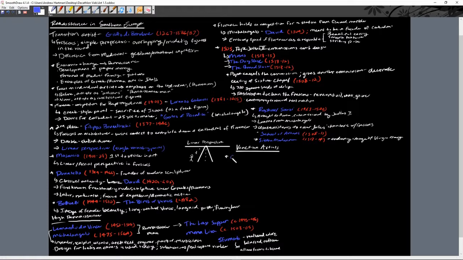The first one I'm talking about is Giorgione, who lives from 1477 or 78, whichever one, to 1510. He is specifically important in landscape painting.